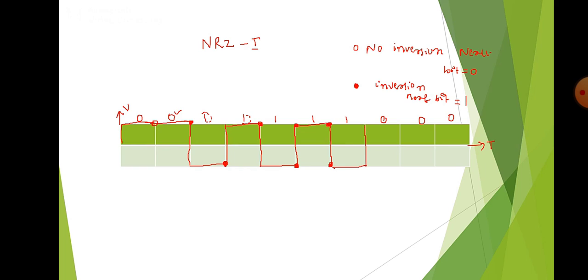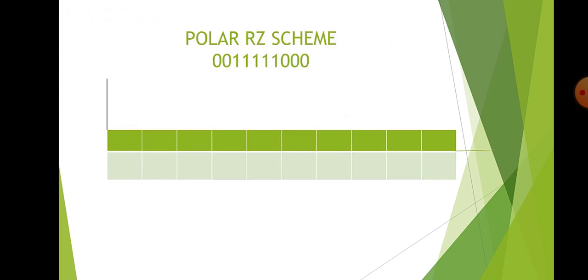Next bit is 0, no inversion, no inversion, no inversion, and no inversion. So this is how we can represent the given pattern using NRZ-I. In each case we have to check the next bit. If the next bit is 0, no inversion takes place. If the next bit is 1, inversion takes place.